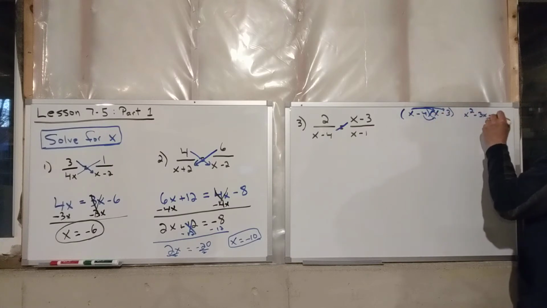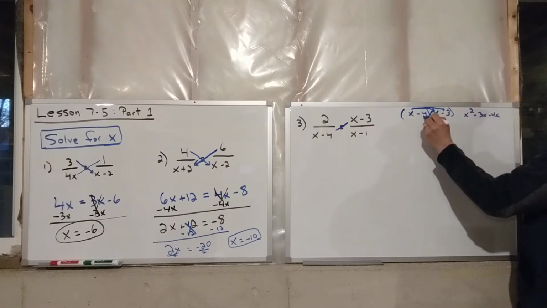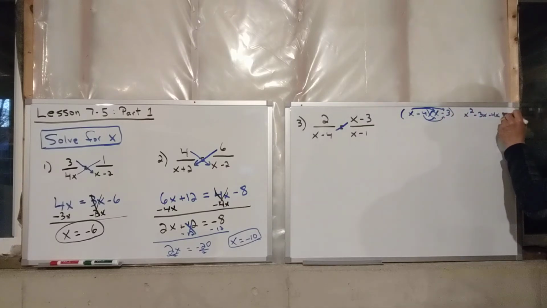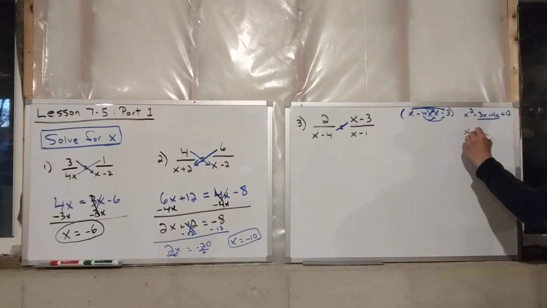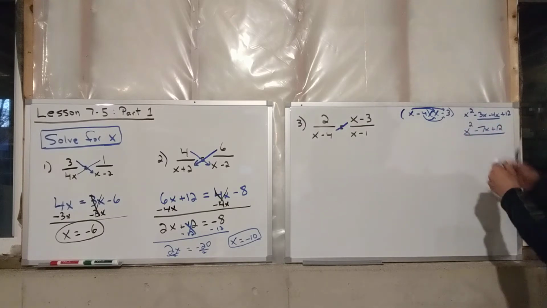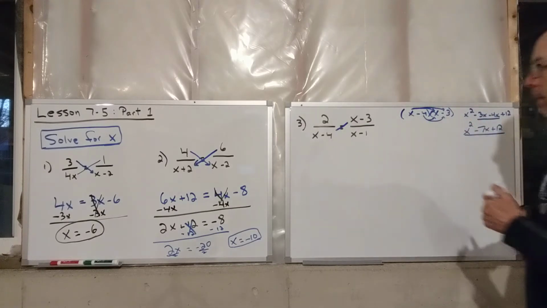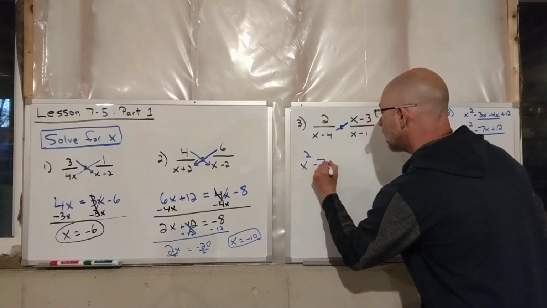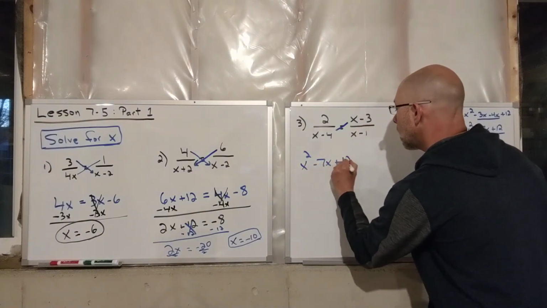That minus 4x. And that plus 12. Be careful with the sign. Those are like terms, so this makes x squared minus 7x plus 12. That's your first cross multiplication. I'll go back over here with that. x squared minus 7x plus 12.